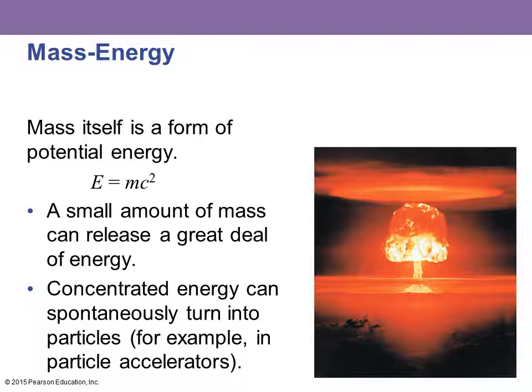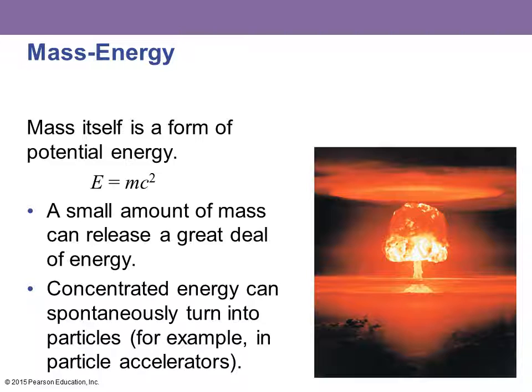This is probably the easiest equation to recognize based on Albert Einstein's work. E equals mc squared. E is obviously energy. C is the speed of light, and the little 2 there means it's squared. M is mass.